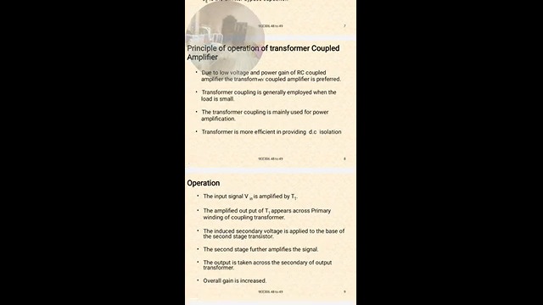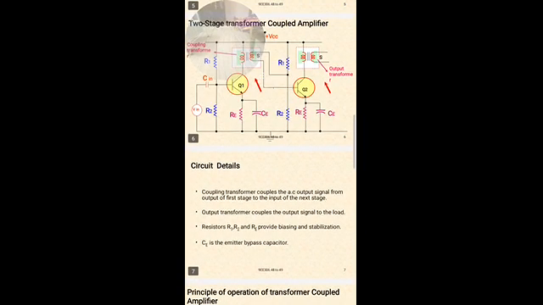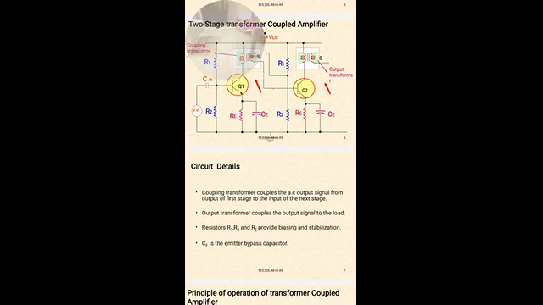The input signal Vin is applied to the base of the first stage amplifier using the coupling capacitor Cin. The first stage amplifier amplifies the input signal, and the amplified output signal appears at the collector of Q1, nothing but the primary winding of the coupling transformer.